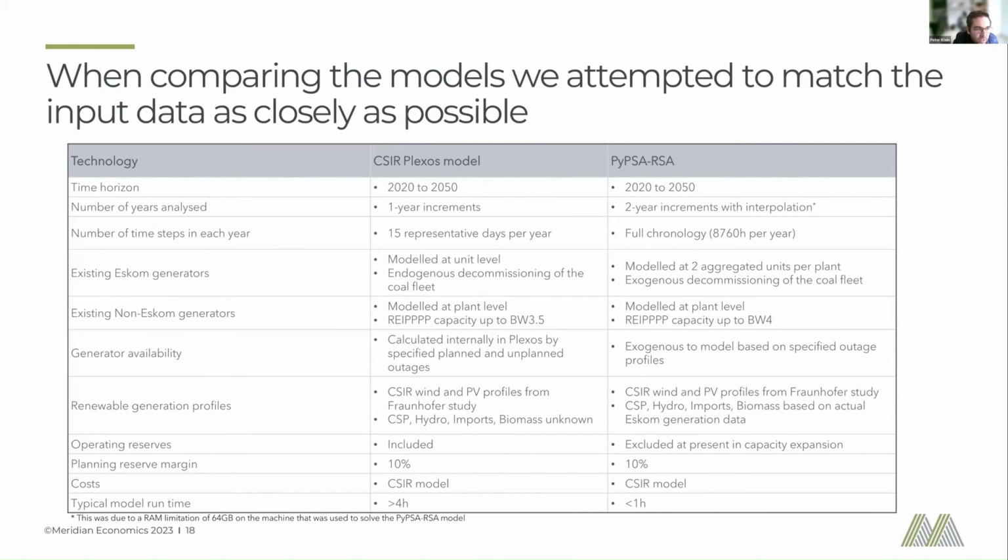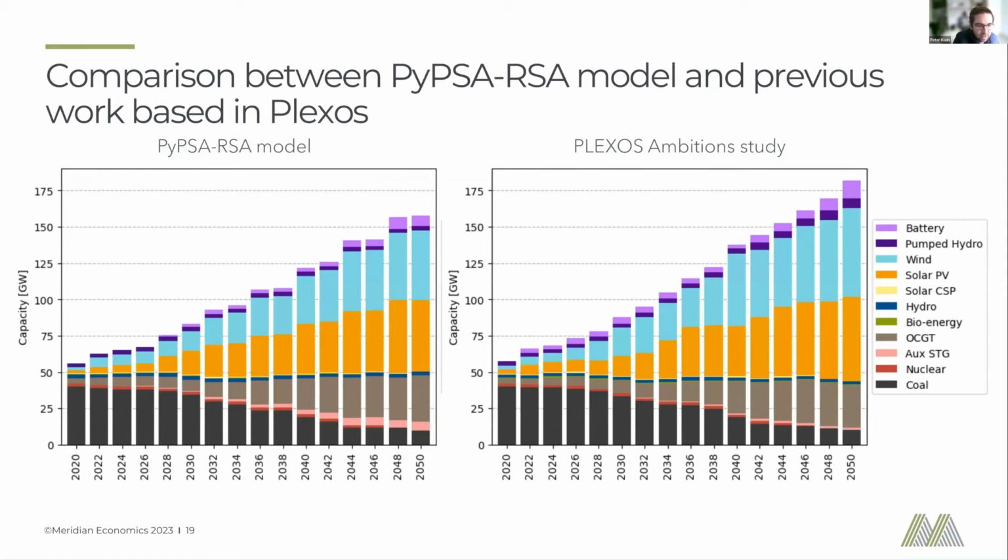And in some of those net zero scenarios, Plexus can do endogenous decommissioning, so that was included. But we basically had the resource data, we had most of the input data, and then we tried to put that through our model and see how the two models compare to each other.